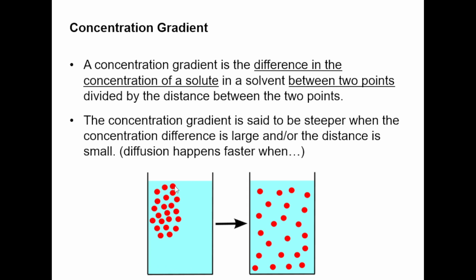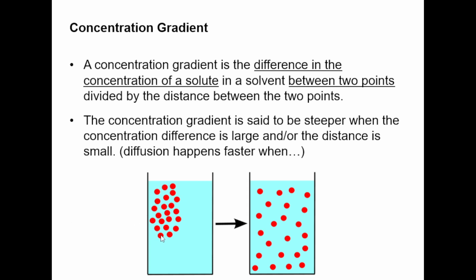As you can see here, the dots are concentrated on this part of the container. And on the other parts of the container, please follow my pointer, there are no solutes. So basically, the solute is concentrated here. There is high concentration of the solute here and a low concentration of solute on the other parts of the container. Because it creates a difference in the concentration of solute.